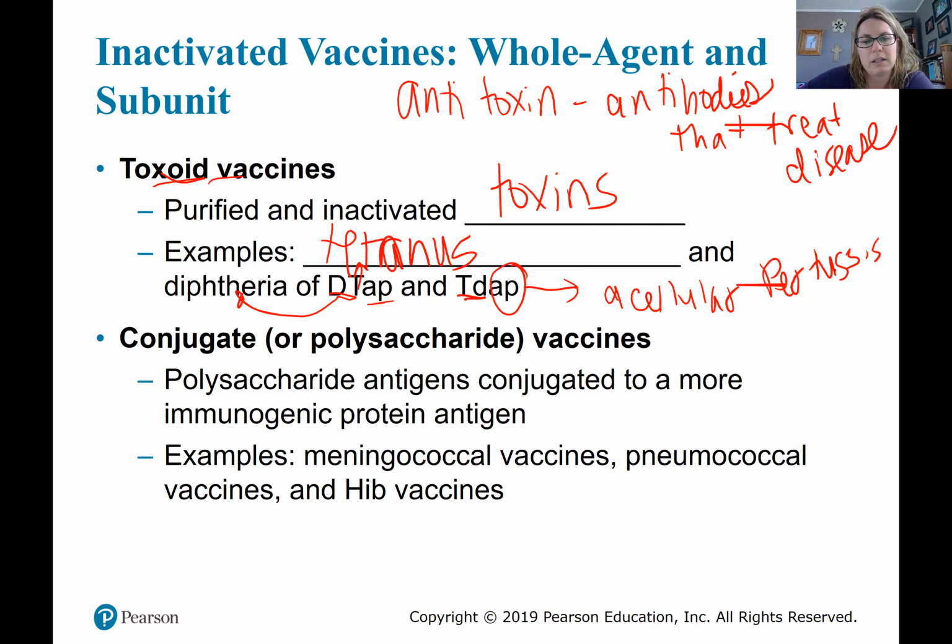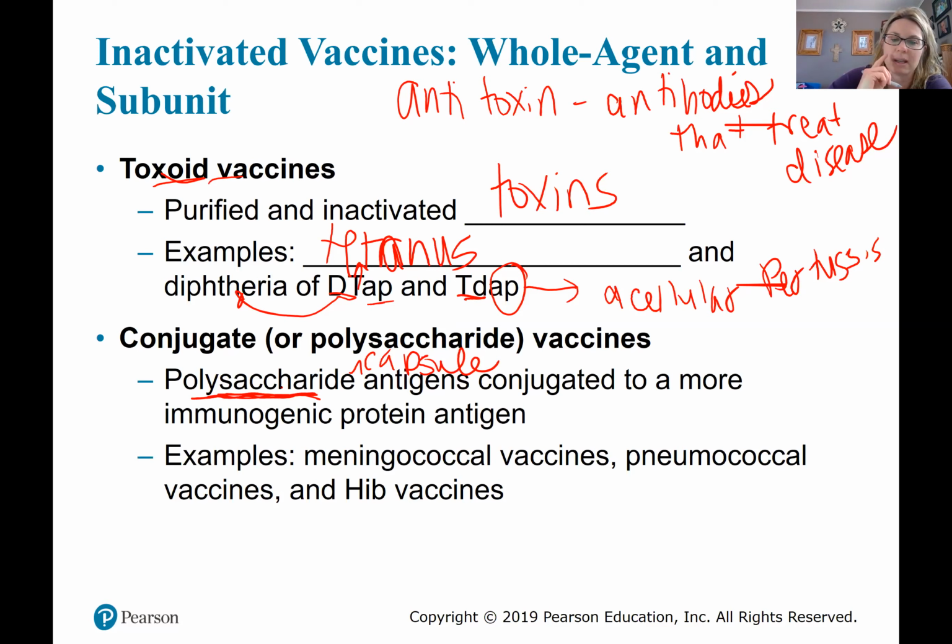Another subunit vaccine is called a conjugate or polysaccharide vaccine. And with some bacteria, the polysaccharide of the capsule, remember the outer coating outside of the cell wall of the bacteria, creates an immunological response. But the polysaccharide that's needed to identify that bacteria isn't powerful enough to get a good enough immune response.